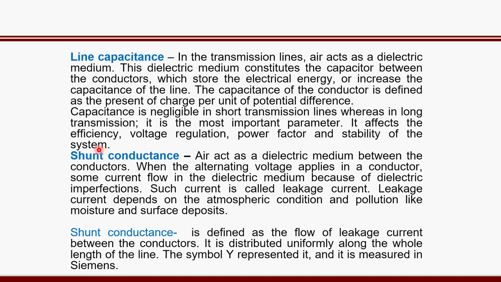Voltage regulation means there should not be much change in voltage values from the transmitting end to the receiving end. For power factor, a high percentage of the power transmitted from the sending end should reach the receiving end. Then we can say that the power factor is good.